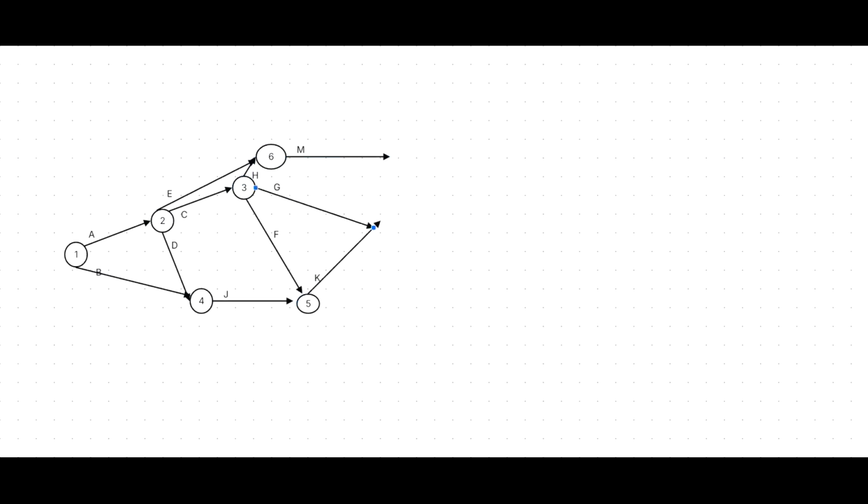EH already completed. Then from that event number 6, we can draw the dummy. The dummy represents what? Complete EH. We need to complete EH, GK, all to start from the 7th event.